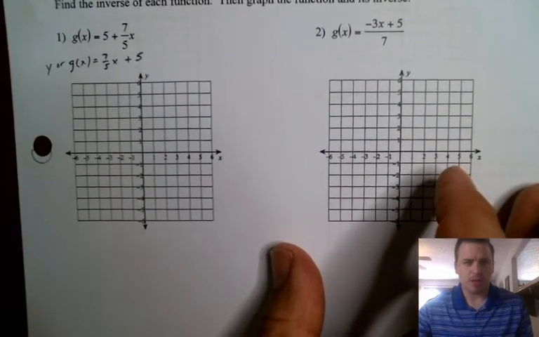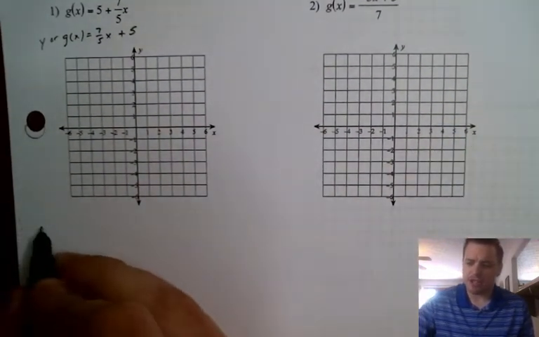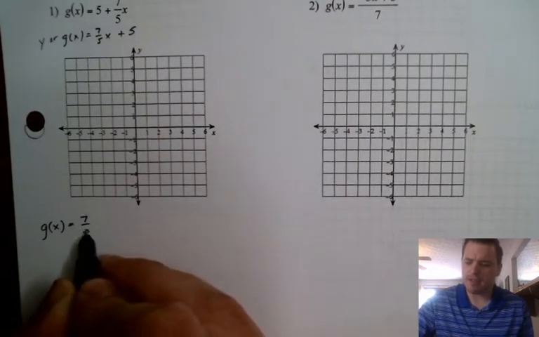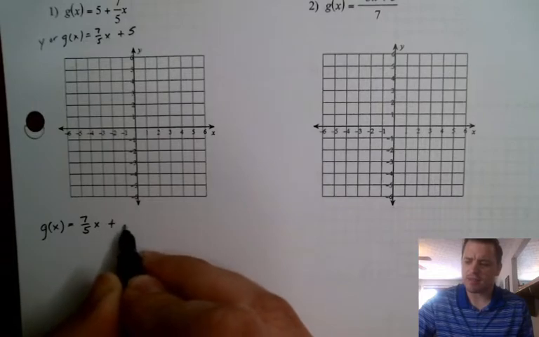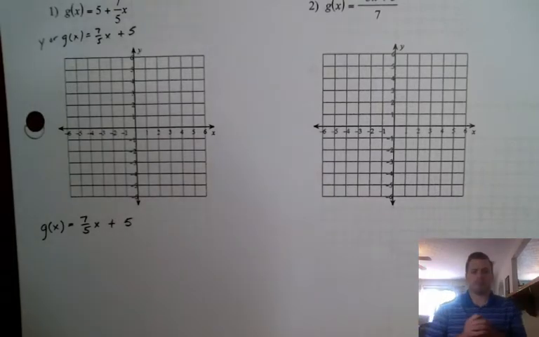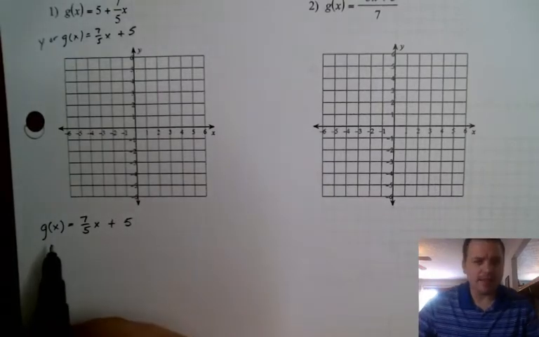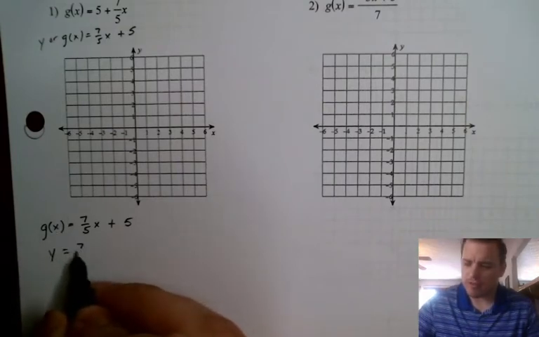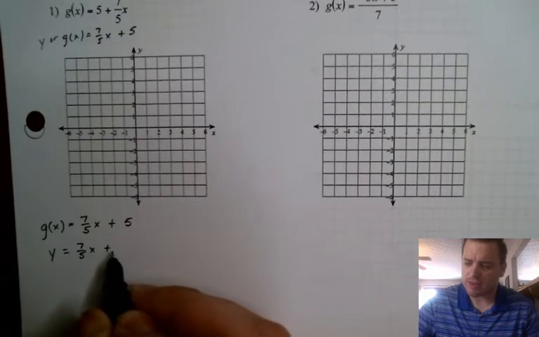Okay? So let's bring this down here and say g of x is equal to 7/5 x plus 5. Now, as I said up here, this g of x can be rewritten as y equals 7/5 x plus 5.